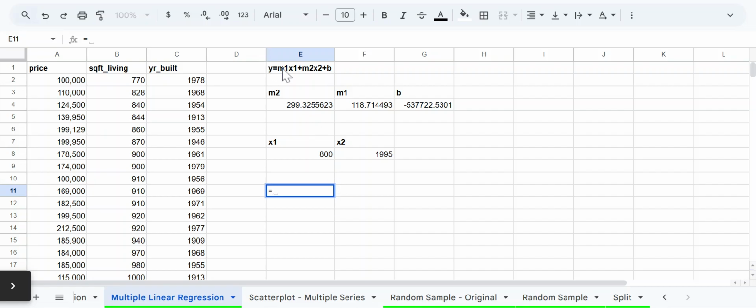So I have, following this formula that I have in cell E1, M1 times X1 plus M2 times X2 plus B. So this equation estimates that a house with 800 square feet built in 1995 would have cost $154,000 in whatever zip code this was in 2014.